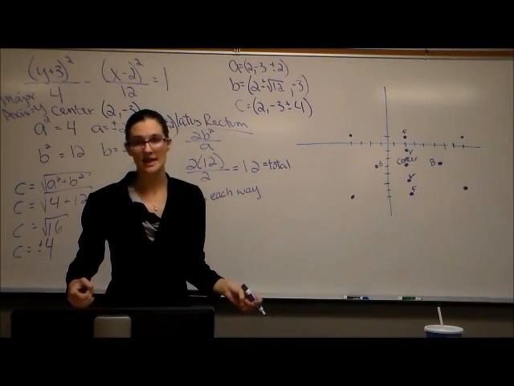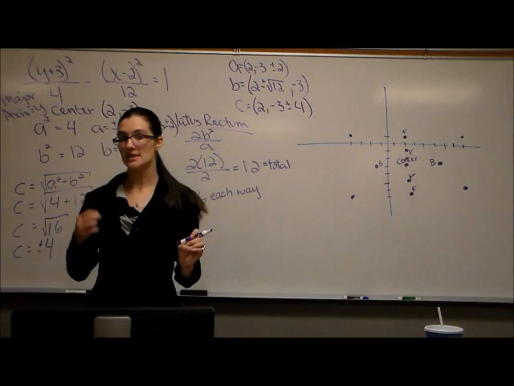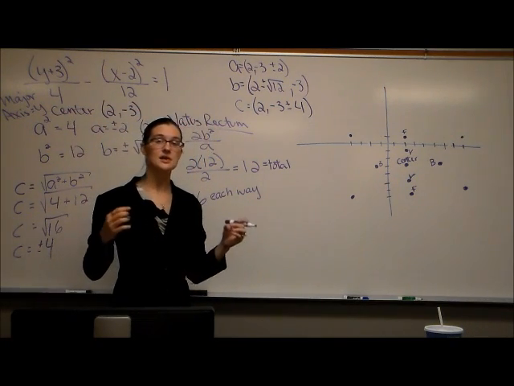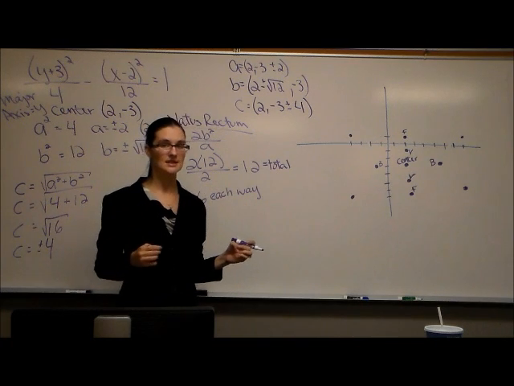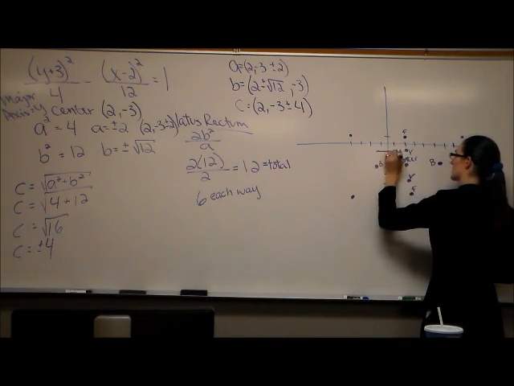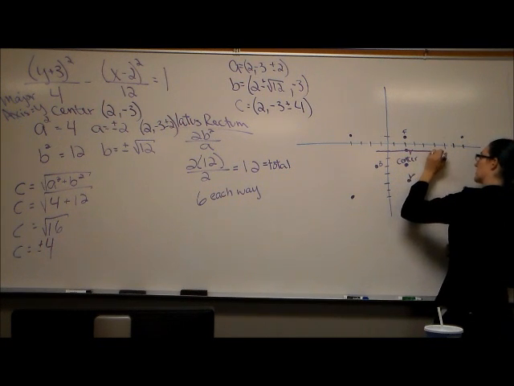However, we still need those asymptotes so that after it hits those points, it still stays on key. Your asymptotes are made from the diagonals of the rectangle from the vertex and the B. So you're going to take your vertex and make a rectangle with your B's.